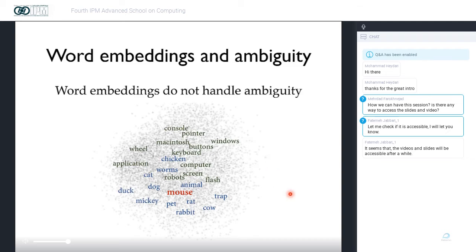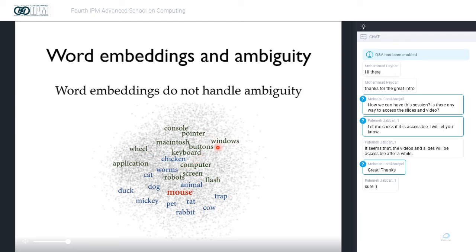Just to elaborate a bit more on this problem, consider the word mouse. It can have many different meanings, including the animal, the rodent, and the computer mouse. The problem here is that many words in a language are related to the animal meaning, like dog, rat, trap, cow, and rabbit.